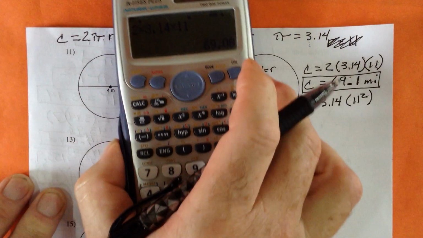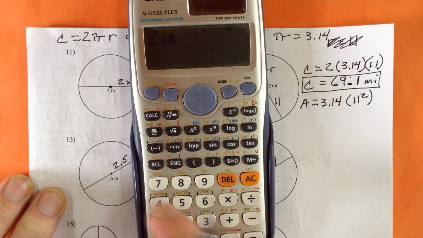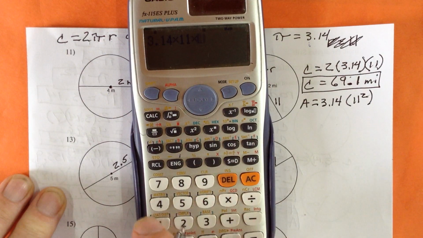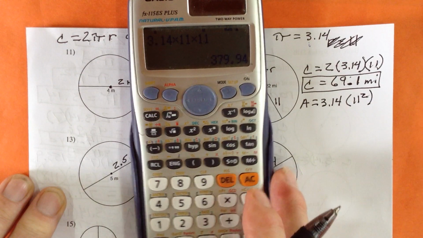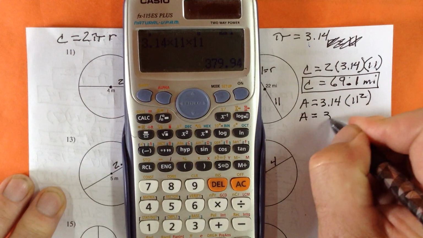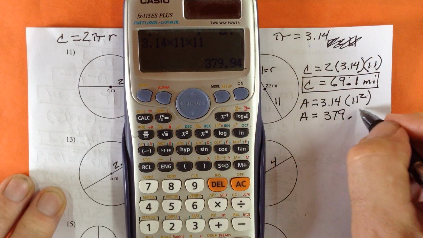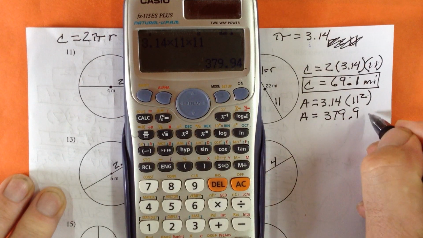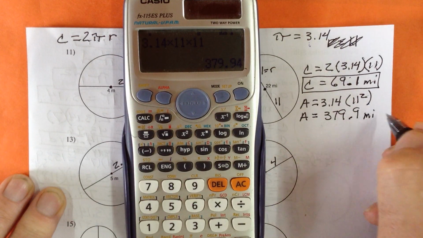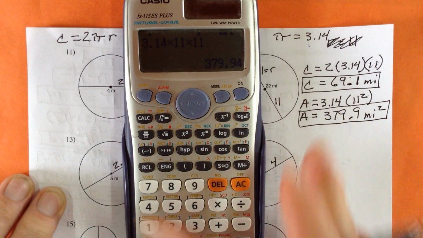So here I'm going to do it the long way. I got 3.14 times 11 squared equals 379.94. So it's just going to round to 379.9 square miles. That's a pretty good piece of land to own.